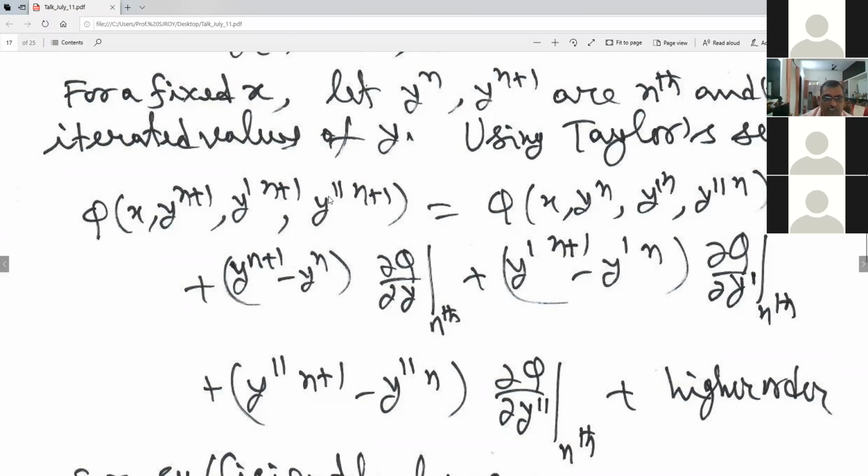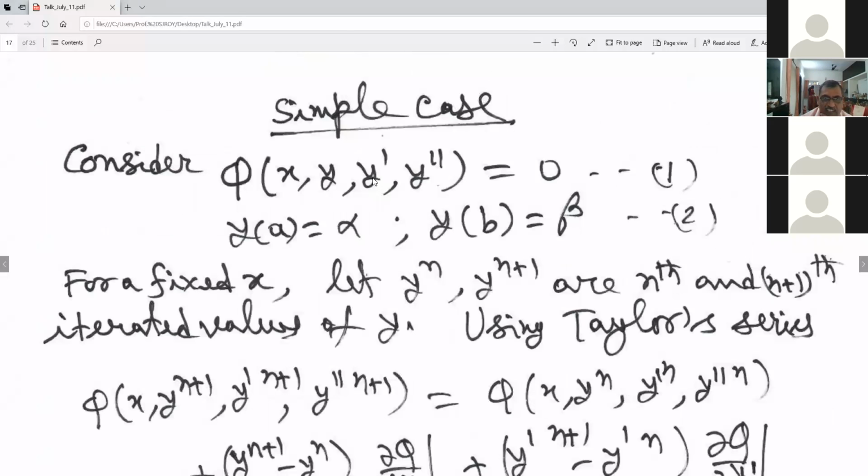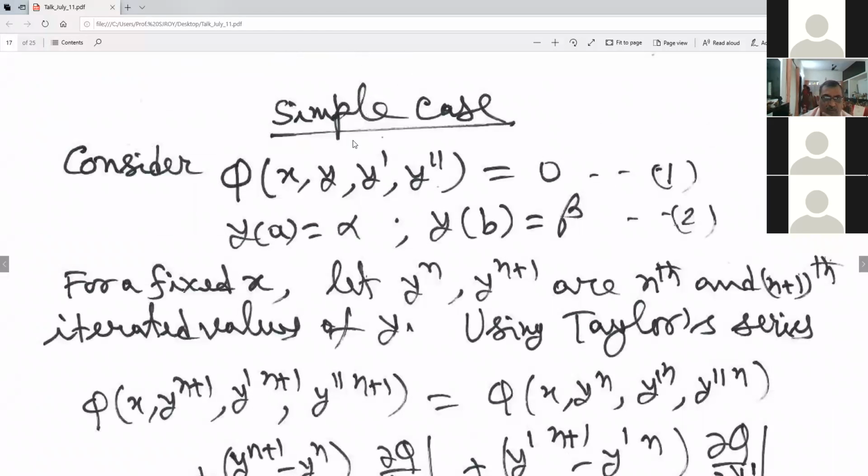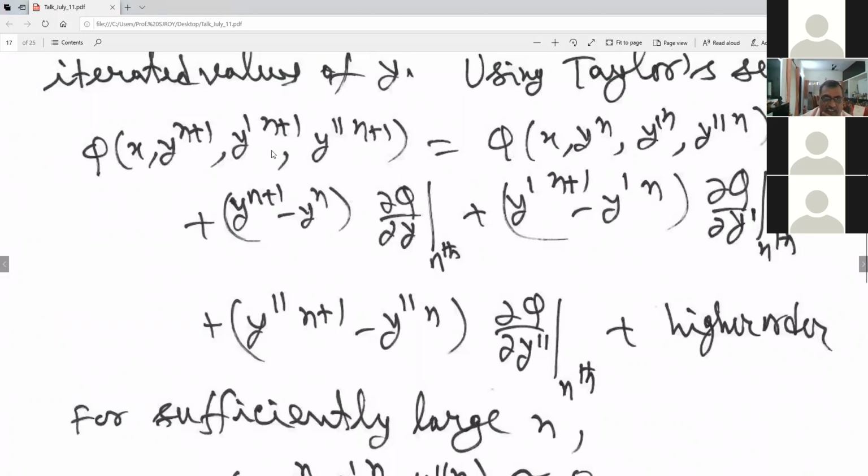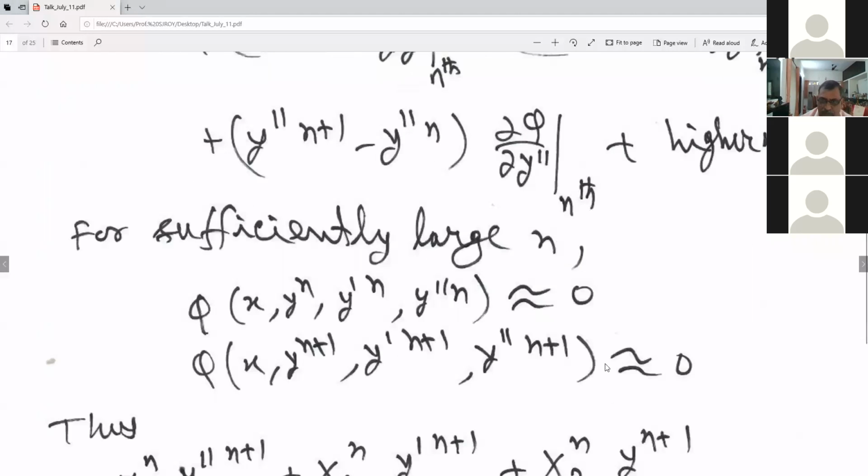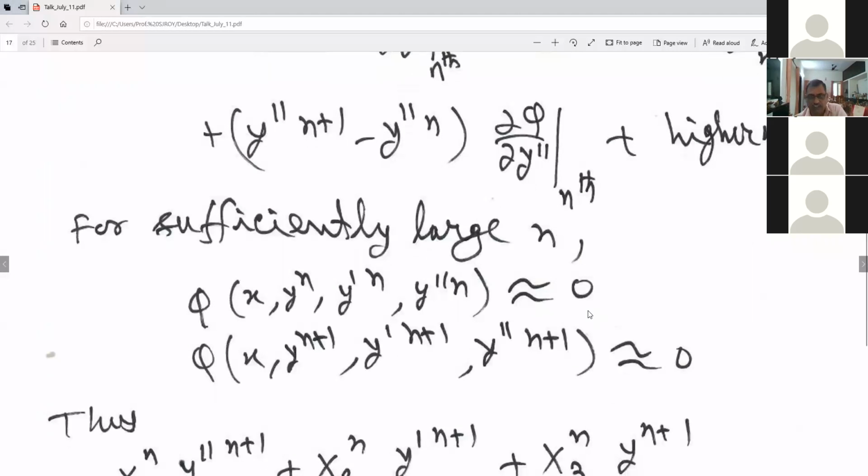So for sufficiently large n, yn plus 1 will also satisfy this equation, yn also will satisfy. This is the original equation. So for the n plus 1 stage iteration, for sufficiently large n, both approximately equal 0, both are satisfying. A small error will be there.